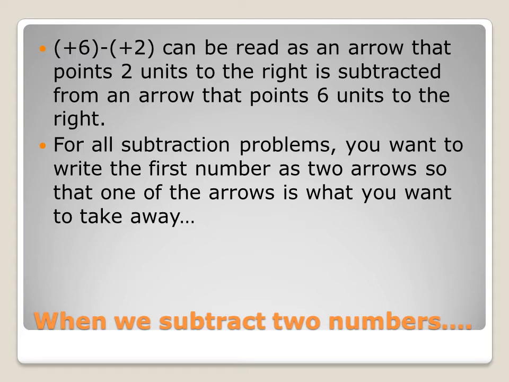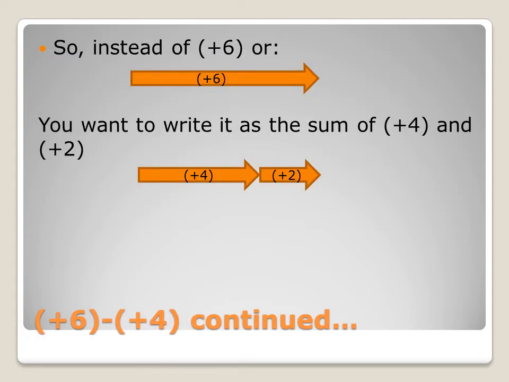So for all subtraction problems, you want to write the first number as 2 arrows, so that one of the arrows is what you want to take away. Now that should be in your notes multiple times, but that's an important step to do. For all subtraction problems, you write the first number, in this case the positive 6, as 2 arrows, so that one of the arrows is what you want to take away.